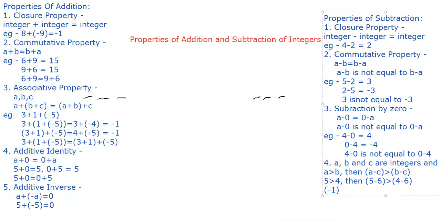And now I need to prove that minus 1 is greater than 4 minus 6. 4 minus 6 is nothing but minus 2. If I go through the number line, the smaller the negative integer, the bigger it is: minus 1 will be the greatest integer, and minus 2 will be the smaller integer. So I proved that if a, b, and c are integers and a is greater than b, then a minus c is greater than b minus c.